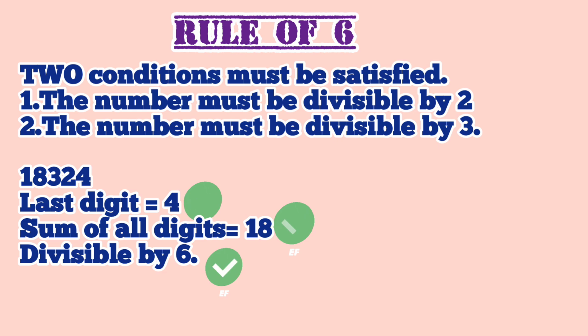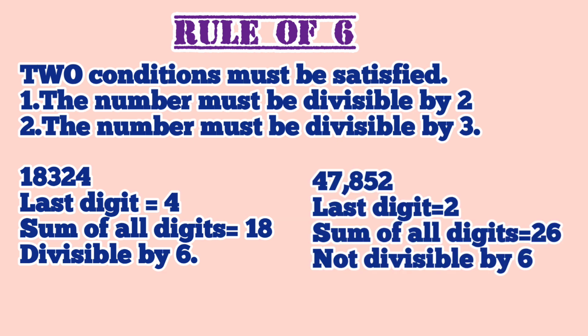Now let us see one more example, 47,852. First check the divisibility by 2. The last digit is 2. So it is divisible by 2. Next check the divisibility rule of 3. For that, find the sum of all the digits. 4 plus 7 plus 8 plus 5 plus 2.